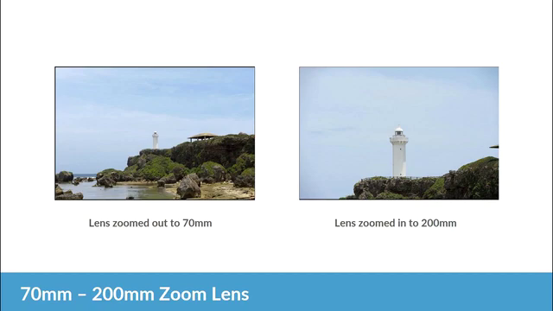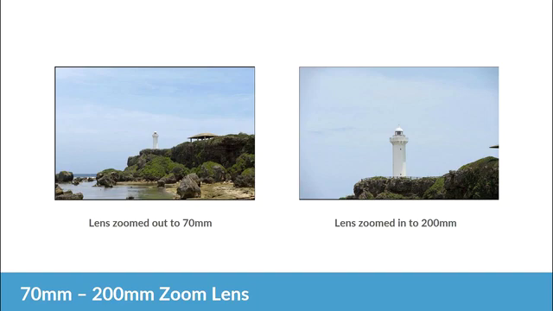Again, this gives you a good sense of what you might use these lenses for. I would say that the 70 to 200 certainly has more range in terms of what you can do compared to that 14 to 24 millimeter lens, which is very, very wide.